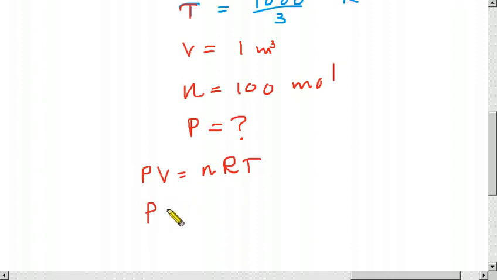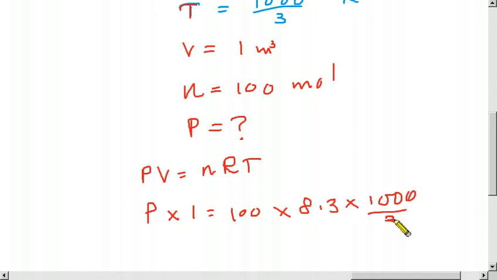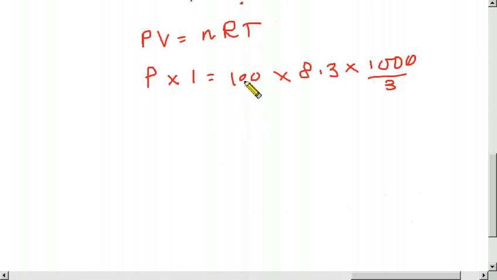Pressure we don't know, times volume 1, number of moles 100, R is 8.3, T is 1000 divided by 3. So we get altogether here 10 power 2, 10 power 3.